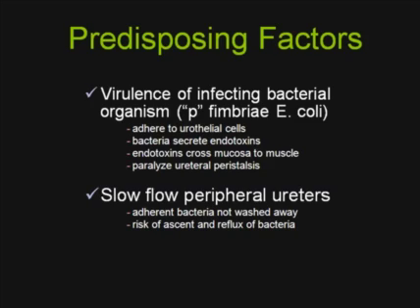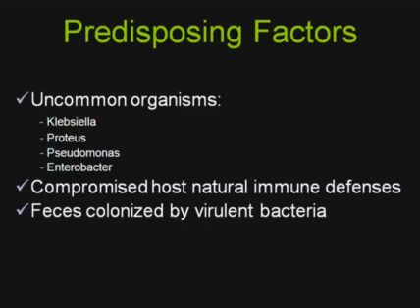The bacteria secretes endotoxins which can cross the mucosa and go into the muscle of the ureter, resulting in paralysis, and ureteral peristalsis is remarkably decreased. When there's slow flow in the peripheral ureters, the adherent bacteria are not washed away, and there is an increased risk of ascent and reflux of bacteria into the upper tracts.